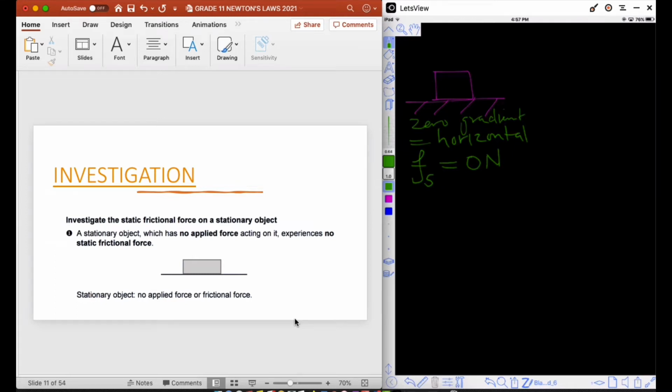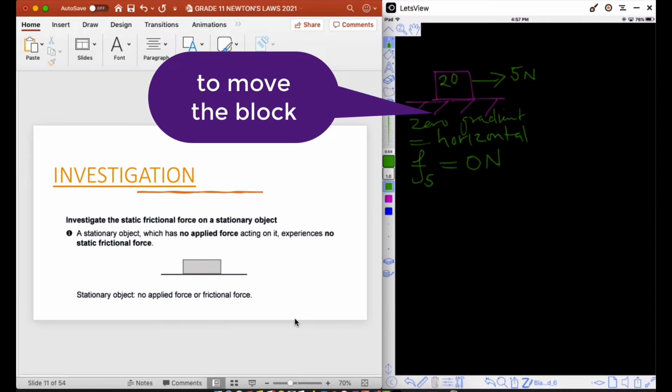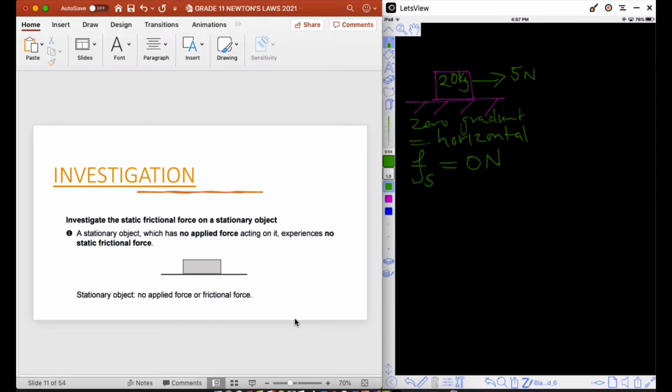So if we apply a pulling force, for example, of 5 newtons, and this 5 newtons is not large enough to pull this, let's say 20 kg block, then that means this object is not going to move. And since it's not going to move, there must be a force that is actually opposing that 5 newtons. Otherwise, if there was no force opposing the pulling force, then this object would have moved to the right.